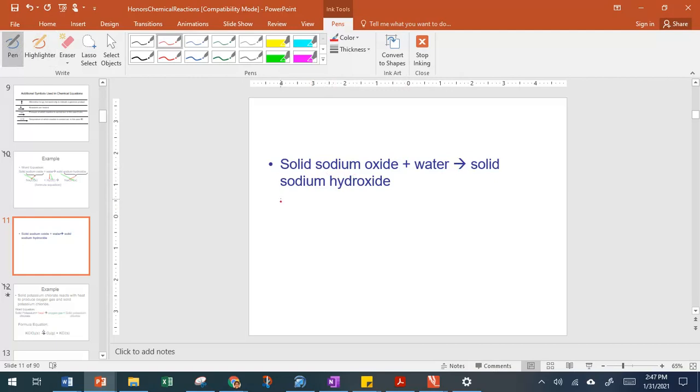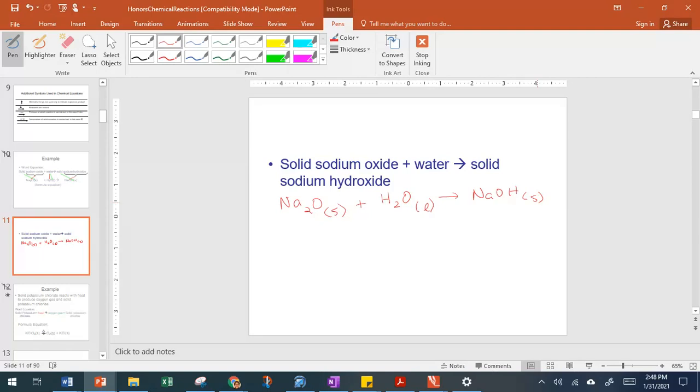So sodium oxide, we write that just like we've been doing, Na2O. And then we write S below that, and then plus water. This is implying that's a liquid, so I'm going to just put a liquid here. And then we have sodium hydroxide, NaOH, and it tells us it's a solid. And then we would go ahead and balance the equation. We're not going to do that now, but we would balance the equation and then we would be done.